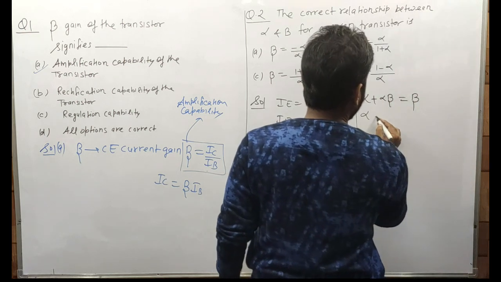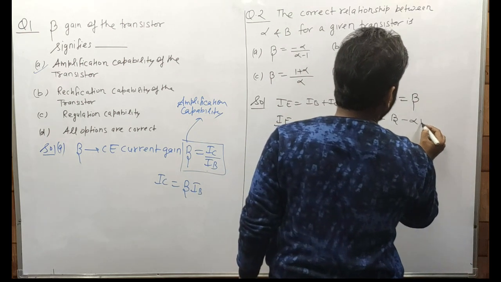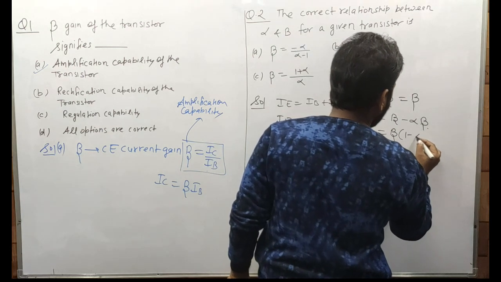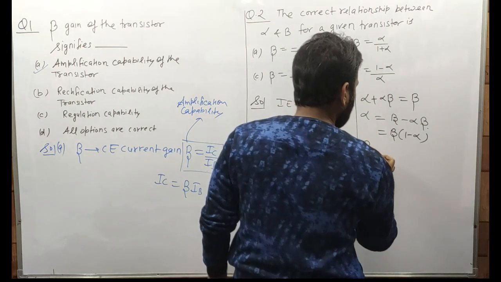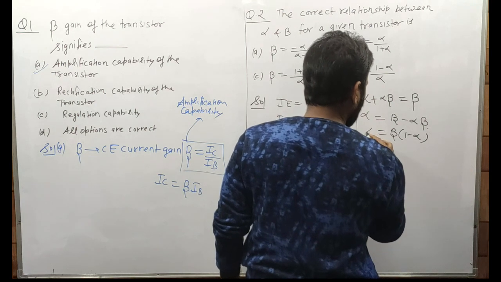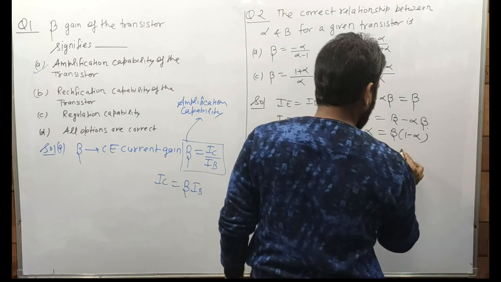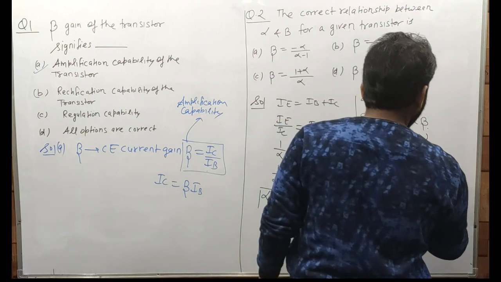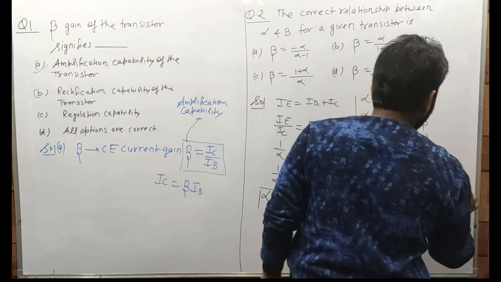So alpha equals beta minus alpha beta. ठीक है? So just take beta common, so 1 minus alpha. So beta equals alpha by 1 minus alpha. Is it okay? Or we can say it is minus alpha minus 1.